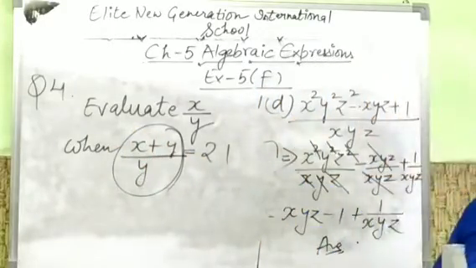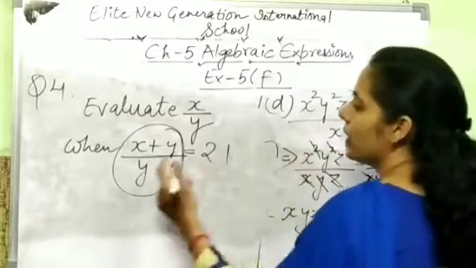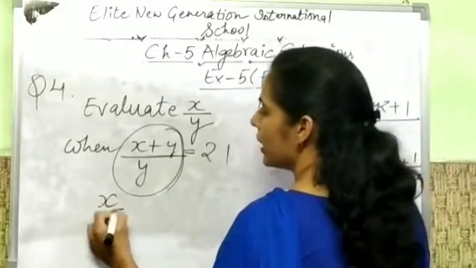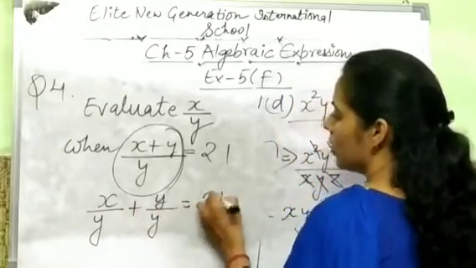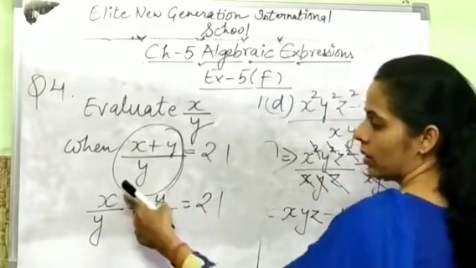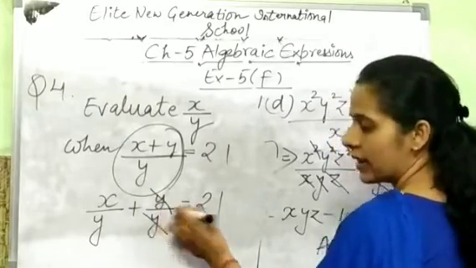So in that case, we have already done this in the same exercise. Okay, fifth tab, that we need to first separate the variables like this. Now we can see here x upon y we have got, and from this side y is divided by y.